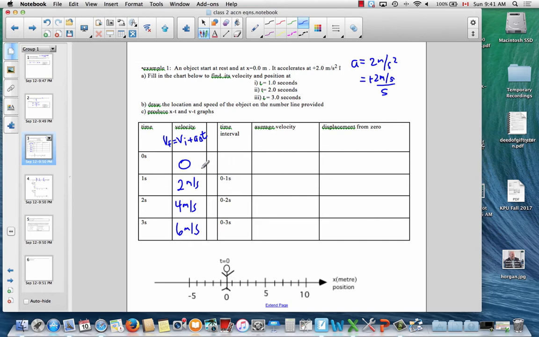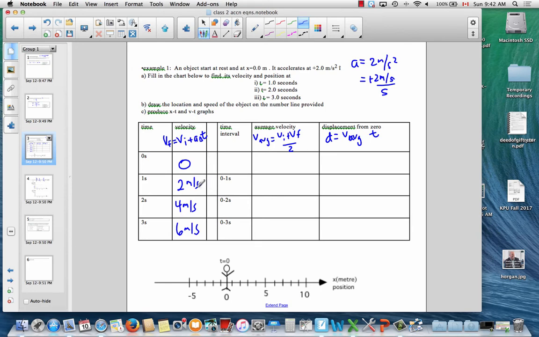So, we know that a displacement is an average velocity times a time. And we know that an average velocity is just the sum of the initial and final over 2. So we have to be careful about which time interval we're looking at, and these time intervals we've specified, so we're always referring back to the beginning.